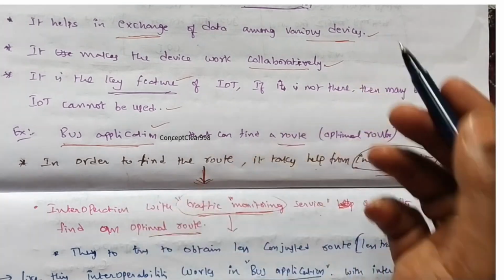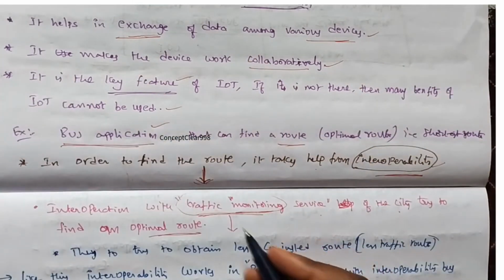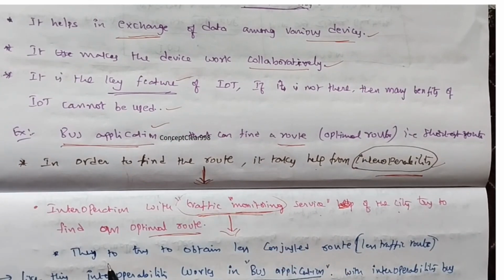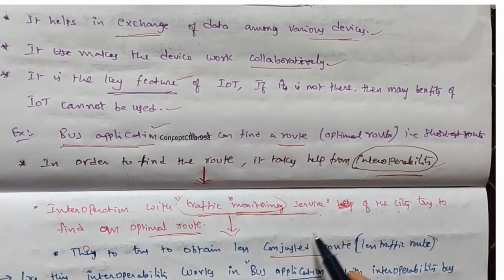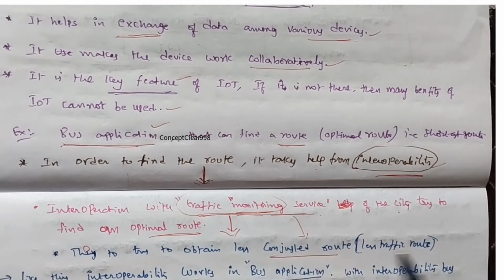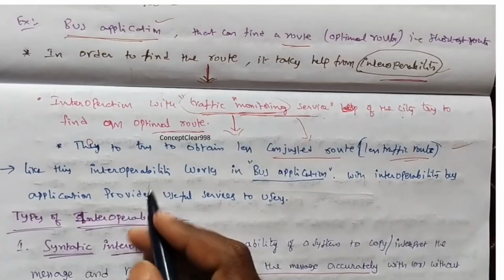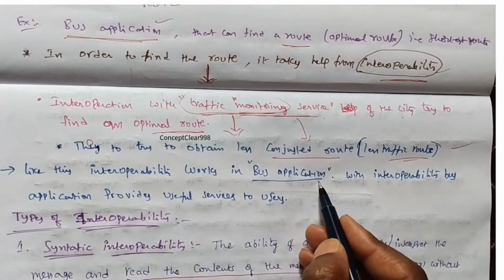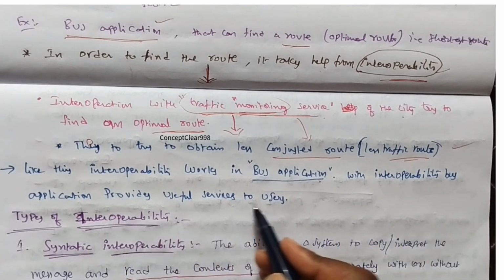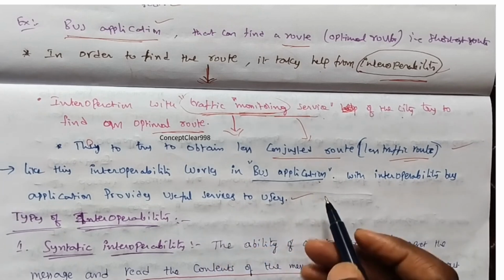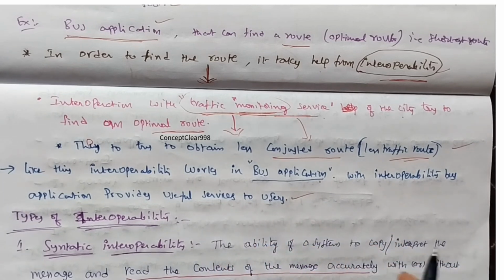Optimal route means the shortest route between one place and another, and then it tries to obtain a less congested route. This traffic monitoring service will provide the less congested route, meaning the less traffic route. Like this it works. This is how interoperability works in a bus application. With interoperability, the application provides useful services to users.